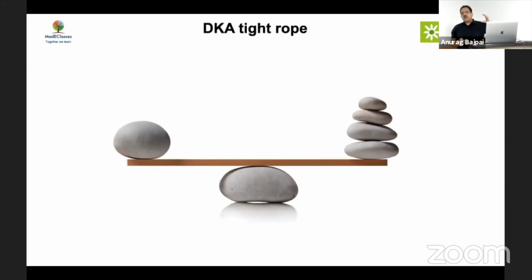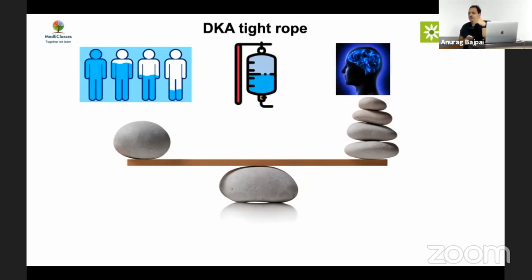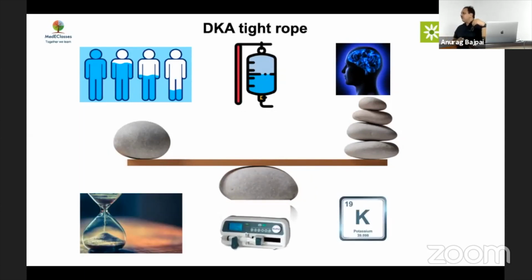So when you talk about DKA management, there is a tightrope in being too little. If you give less fluid, what will happen? There will be persistence of dehydration. What else? The insulin will take longer. If you give too much fluid, you will cause cerebral edema. If you give less insulin, you will have delayed cure. If you give too much insulin, you will have hypokalemia.